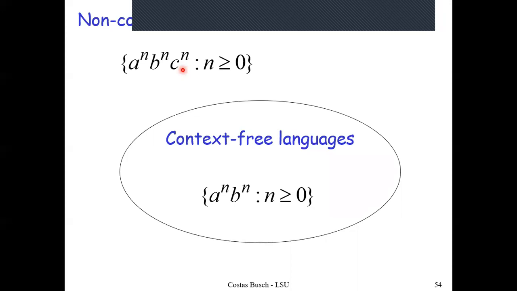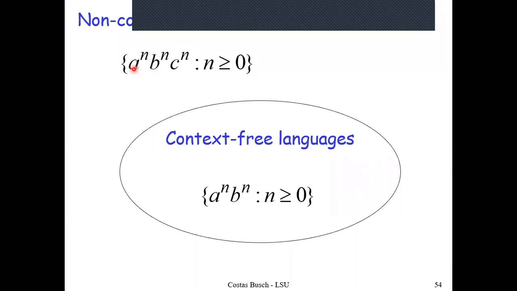The intuitive reasoning that this language cannot be context free is that we have a PDA, and that PDA has only one stack. That PDA stores the incoming A's and then matches them with the incoming B's.